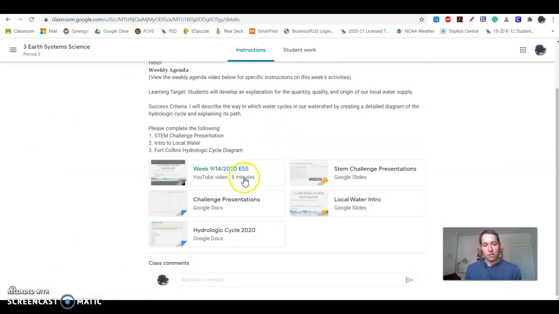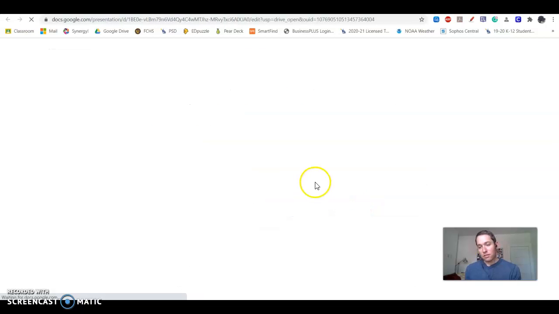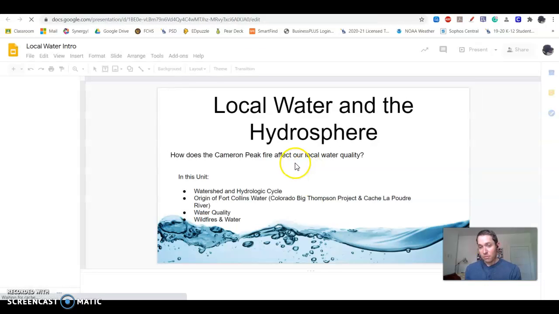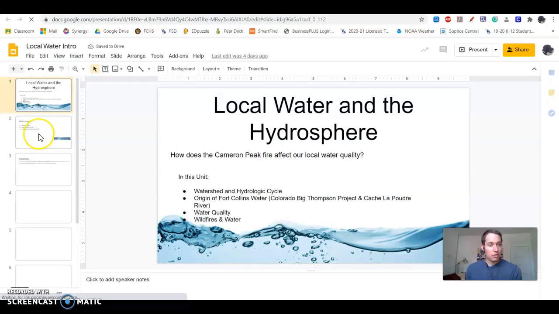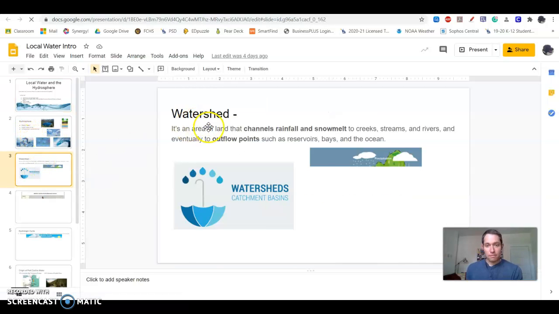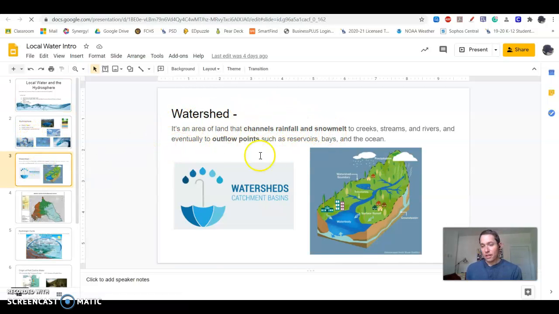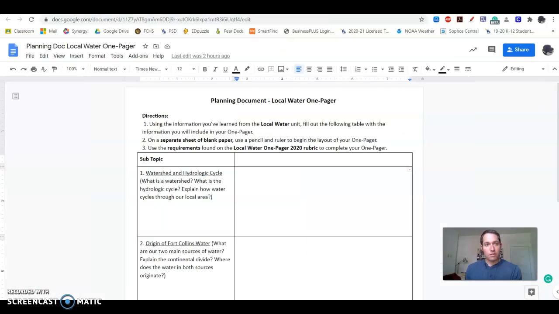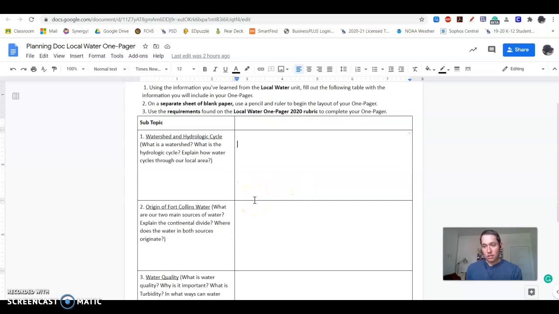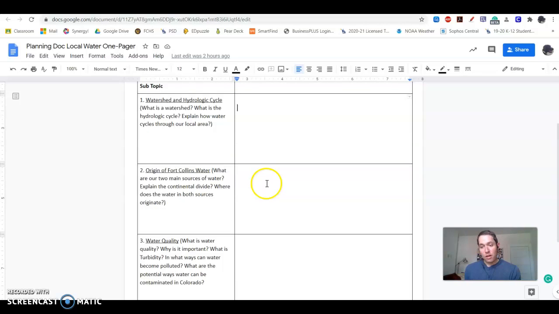So I would probably look at the hydrologic cycle diagram that I did. I could also look at any Google Slides that were posted for information. You kind of notice that here's some information about what a watershed is, right? So that's going to help you with your first question. And then you're going to answer all of these other questions, right? Using the information that you've already researched, you've already completed, okay? So that's going to be your step one.